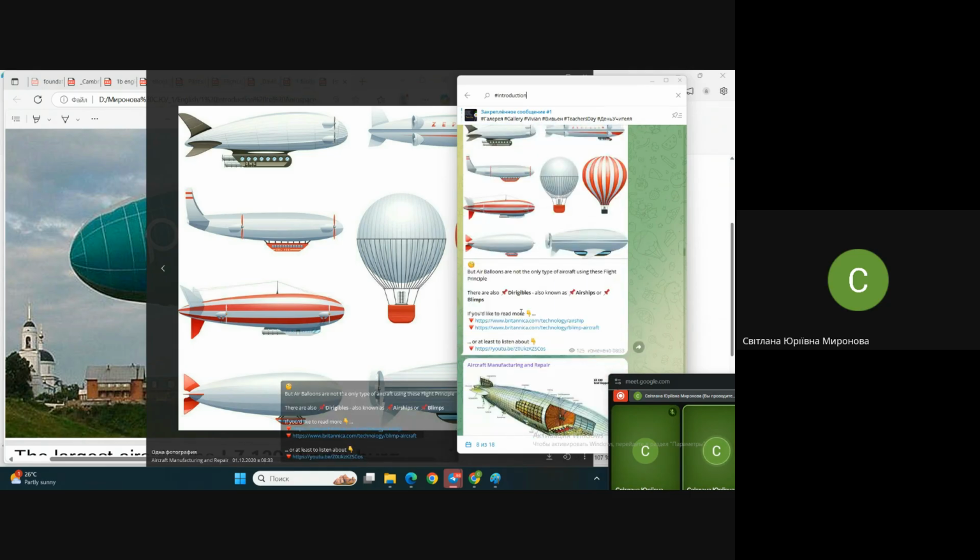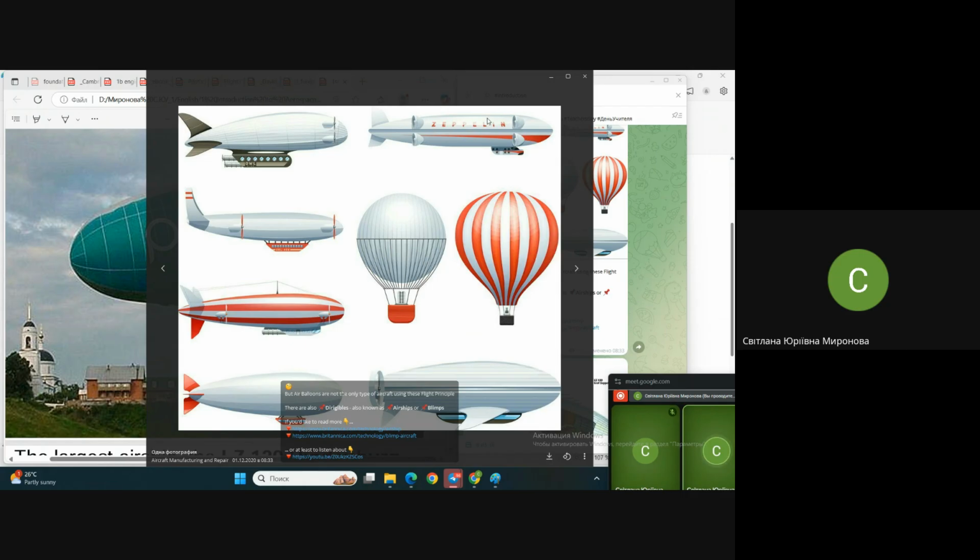Here are the dirigibles, airships, blimps. Actually, it's about the same vehicles, but for different reasons, they might have different names. Right now you see that everything is disappearing on the screen. Don't touch the mouse, and in this case, we might see something.